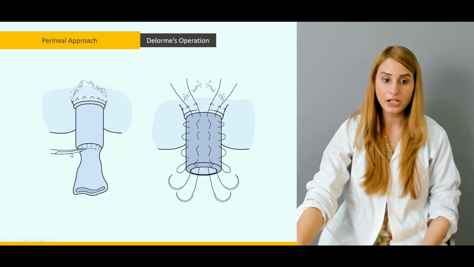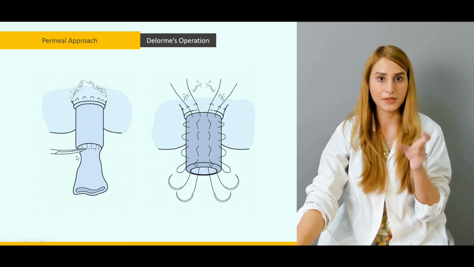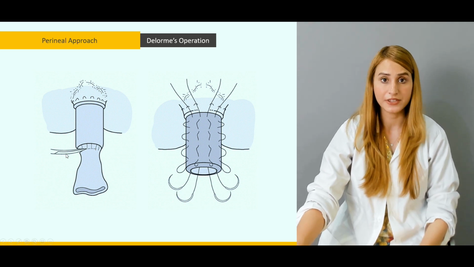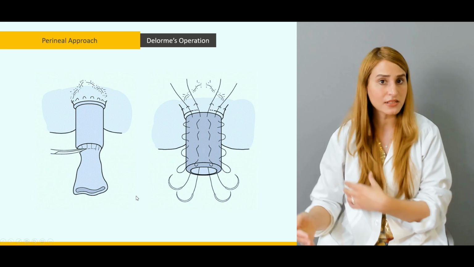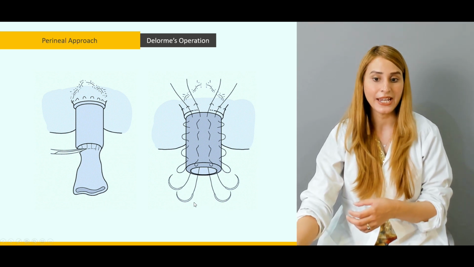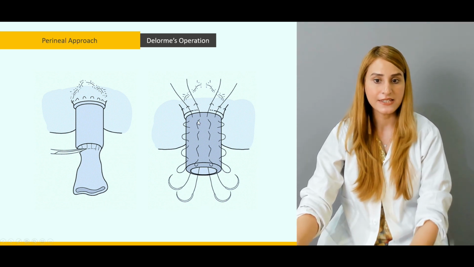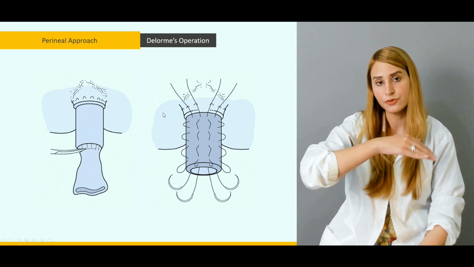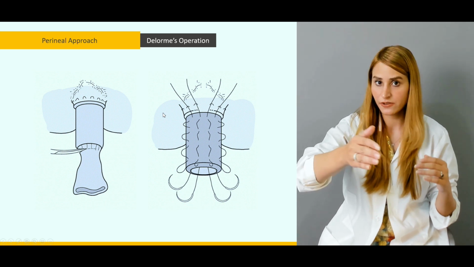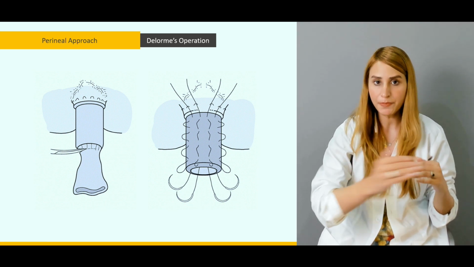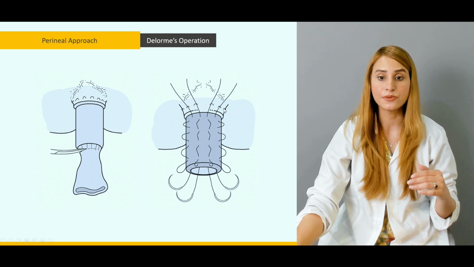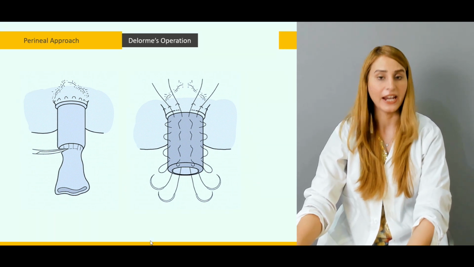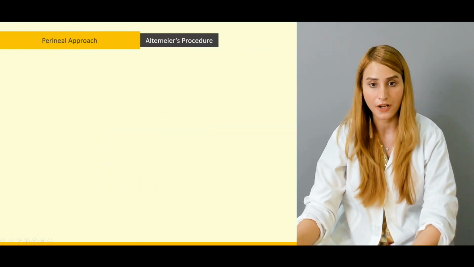You can see here that with the help of a small knife, he's stripping off the mucosa, and then with the rest of the mucosa, you do interrupted suturing. You can see here, these are the interrupted sutures. You separate the mucosal layer, which is called stripping of the mucosal layer, and then you do the interrupted suturing. This is called Delorme's operation. This is a very successful operation.